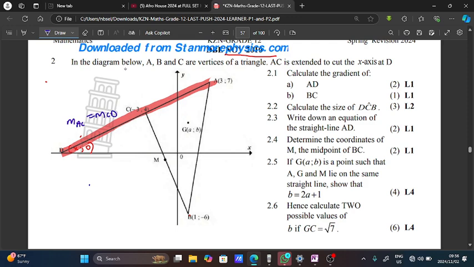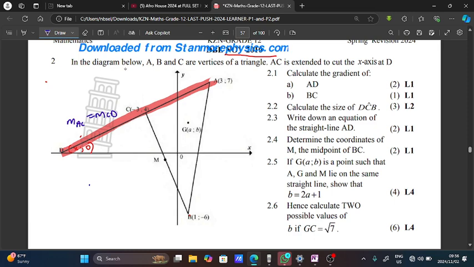So I don't have to scratch my head wondering why I cannot find the gradient. Because A, C, and D are collinear, meaning I can use AC as the gradient of AD.